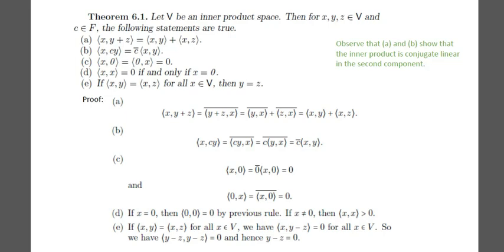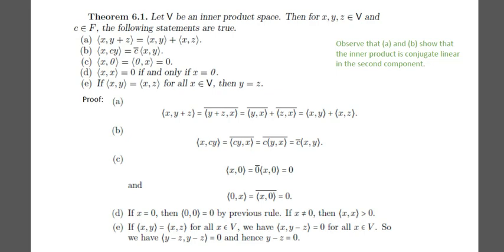Last, if inner product of x comma y is equal to inner product of x comma z for every x in V, then y is equal to z. So if inner product of x comma y is equal to inner product of x comma z, then we have inner product of x comma y minus z is equal to 0 for every x in V. This implies, in particular, we take x equal to y minus z, so we have inner product of y minus z, y minus z is equal to 0.